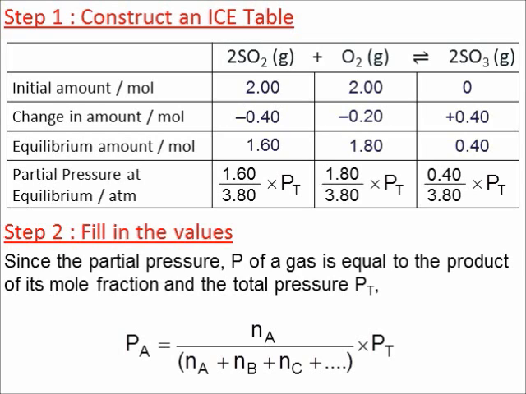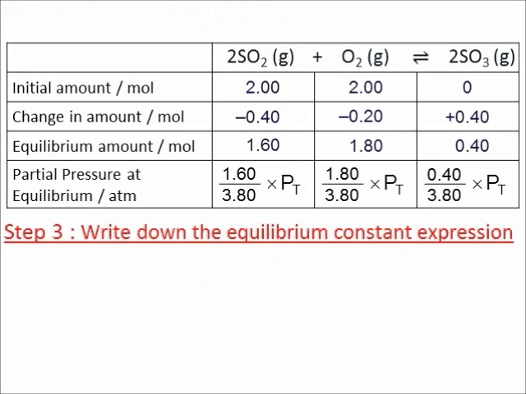For example, the total number of moles of gas in this system is 1.6 plus 1.8 plus 0.4, which is equal to 3.8 moles. Hence, the mole fraction of sulfur dioxide is 1.6 over 3.8. The total pressure is the unknown that we want to find. Write the Kp expression.